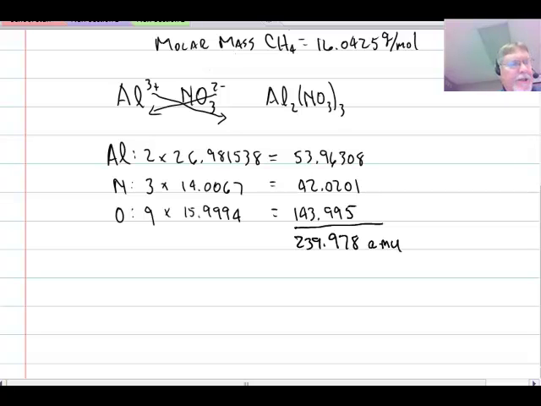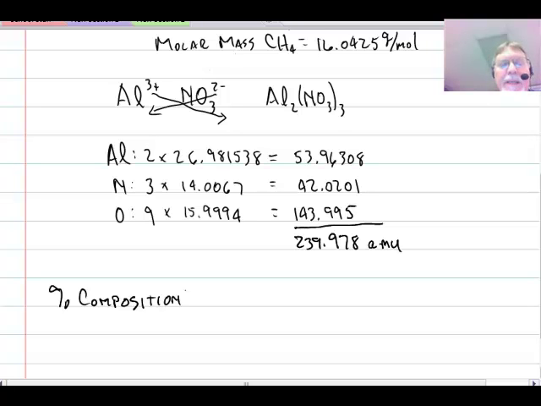All right, let's switch gears here a little bit and look at some ways that we can use this information in practical ways. The first one that we want to look at is what's known as percent composition. It is sometimes useful in chemistry to know what percentage of a compound is, by mass, in the compound.